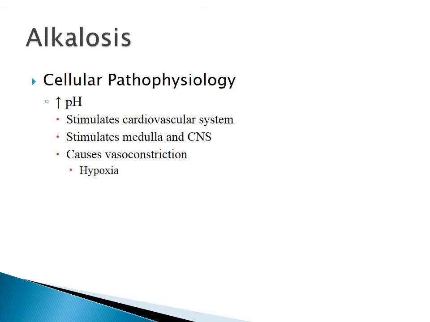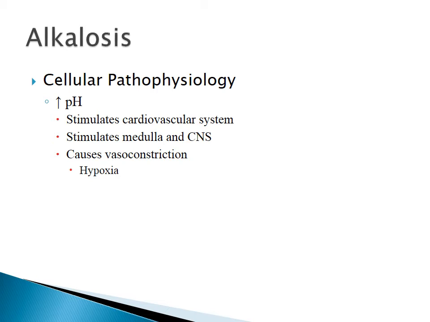So the first thing that we're going to see is that pH is going to go up. It may not be the first thing we see, but the pH is going to be elevated above 7.45. As it elevates, it's going to stimulate the cardiovascular system. So you know where you see that alkalosis, the S at the end there, it's going to stimulate the cardiovascular system. We will see the heart rate increase.